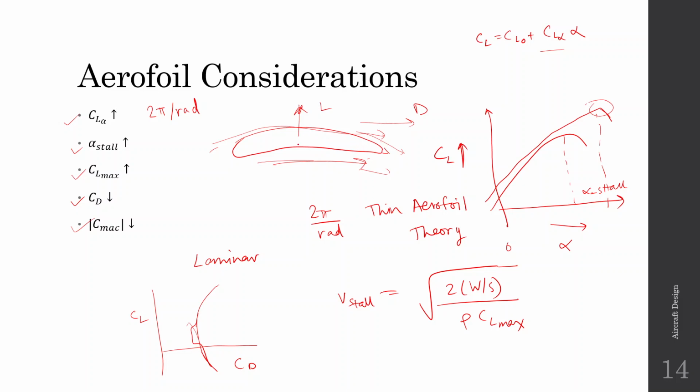Because of this they have a negative pitching moment. So Cmac is less than 0 for cambered aerofoils. But whether positive or negative, we do not want this value to be too high, otherwise it becomes difficult to control.